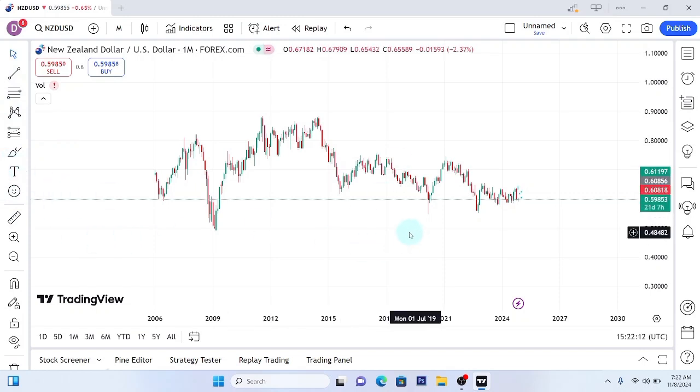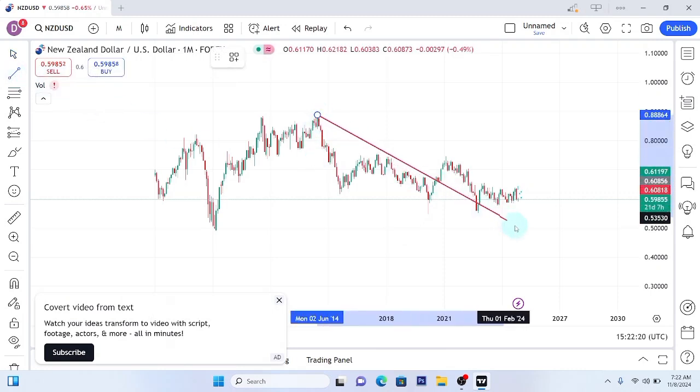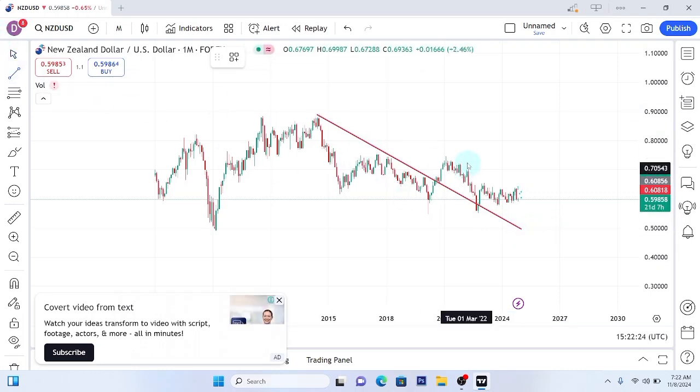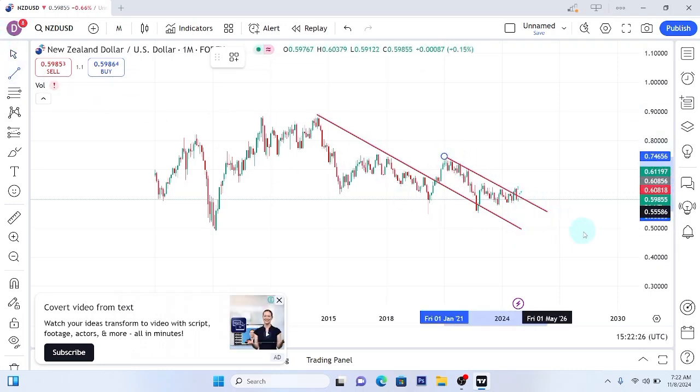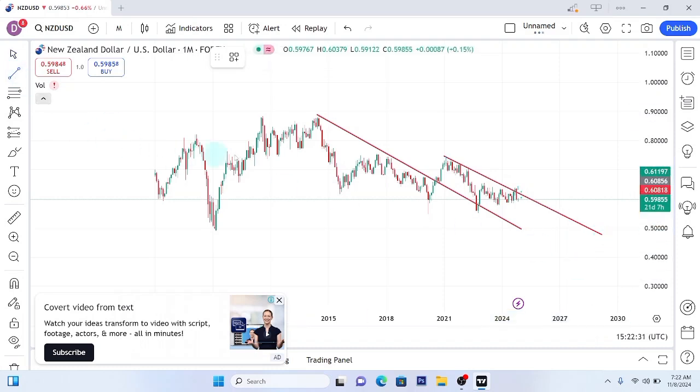Now to know the direction of this market, what is the first thing to do? Number one is to put your trend. Looking at this market, you can easily tell the direction of the market.